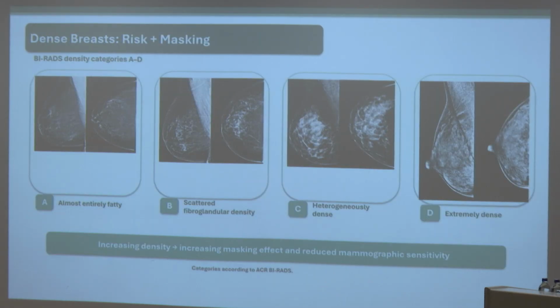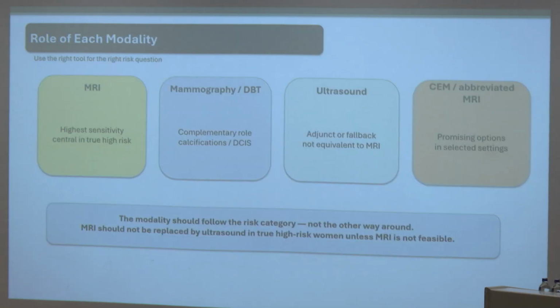And here with the dense breast, we all know that we have the 4 categories. Always by the screening we write the BI-RADS, so the almost entirely fatty we don't care, the scattered fibroglandular okay, but especially for the last, the extremely dense, we have increasing density, masking effect, and reduced mammography sensitivity.